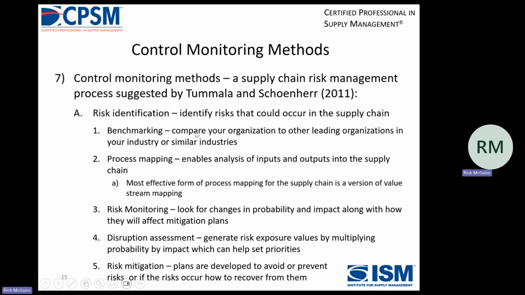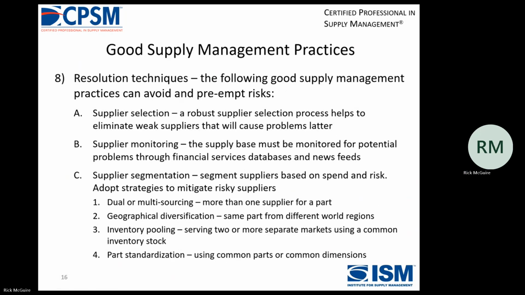Risk identification, benchmarking, compare your organization to other leading organizations, process mapping, risk monitoring, disruption assessment, risk mitigation, and resolution techniques, good supply management practices, supplier selection, supplier monitoring, supplier segmentation with your Kraljic matrix, other strategies you can use to mitigate risk, dual or multi-sourcing, geographical diversification, inventory pooling. So serving two or more separate markets using common inventory stock, and part standardization.